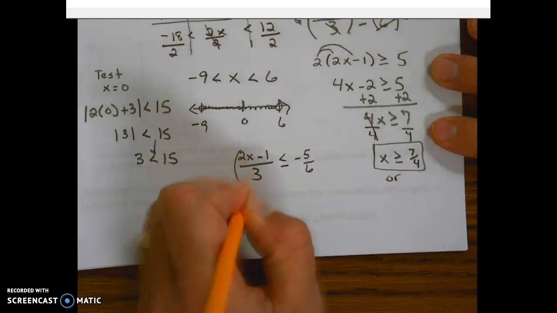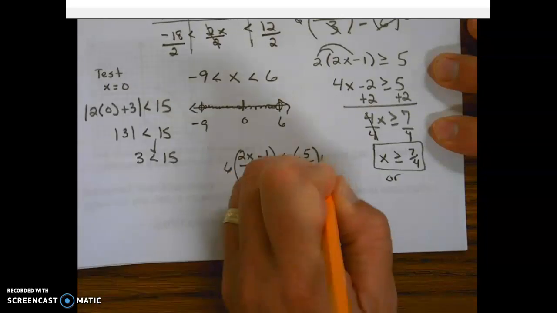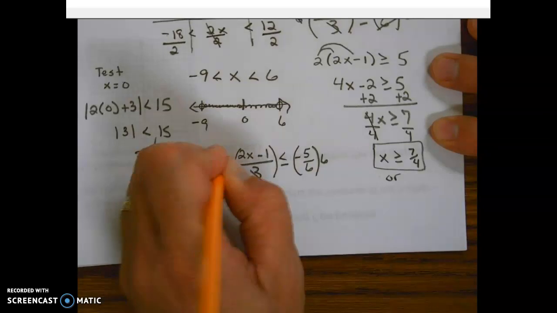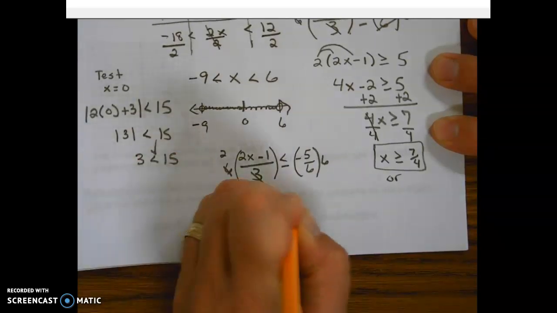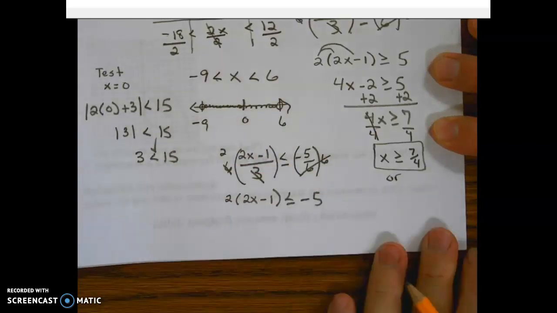And now we're going to solve this inequality. So again, we're going to multiply both sides by a common denominator to cancel out the denominators. 3 goes into 6 2 times. 6's cancel, leaving us with negative 5.